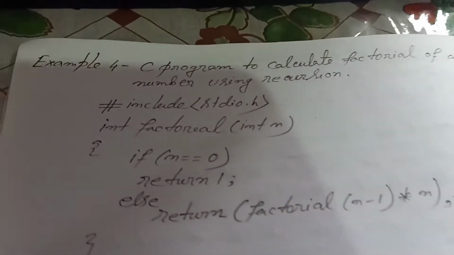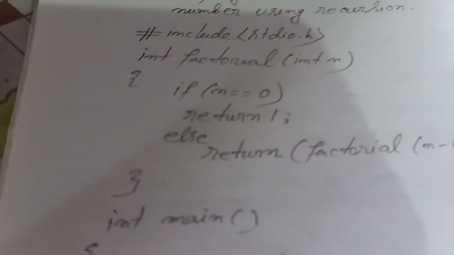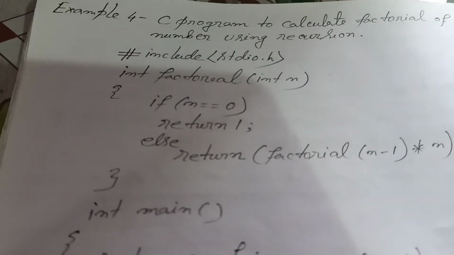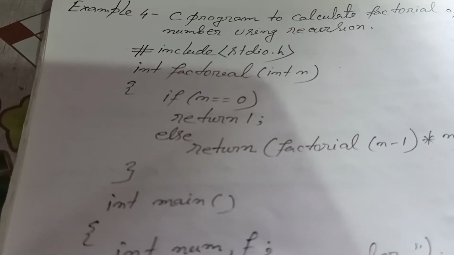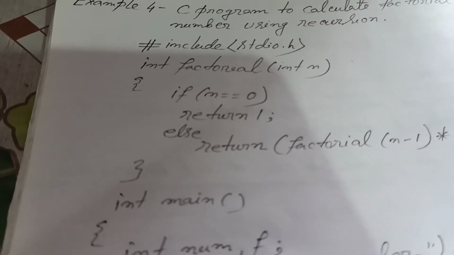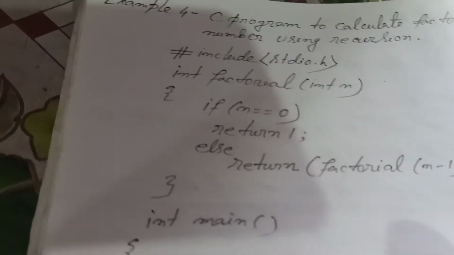So how does the above example work? Just take a look. The number whose factorial is to be found is stored in the variable n.